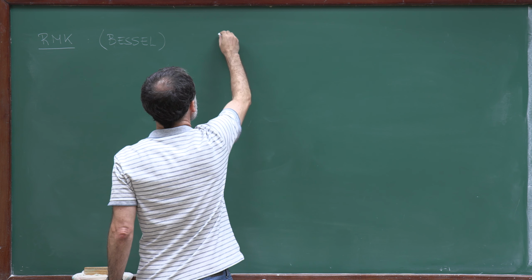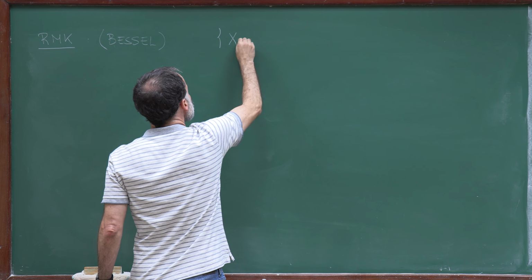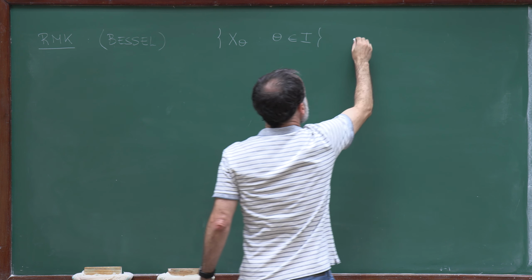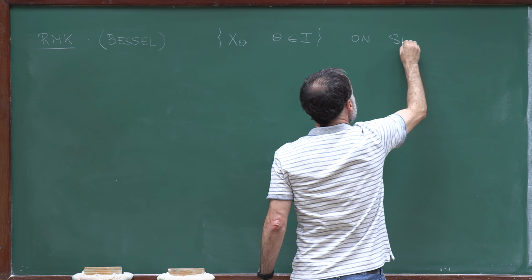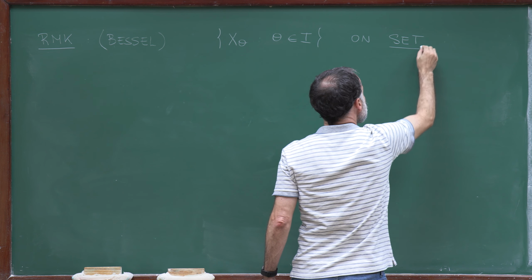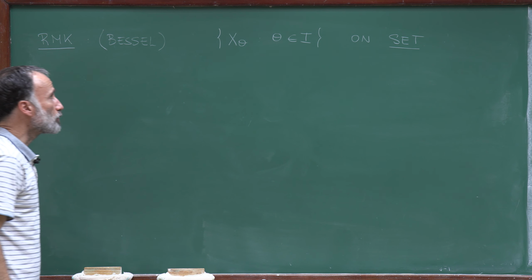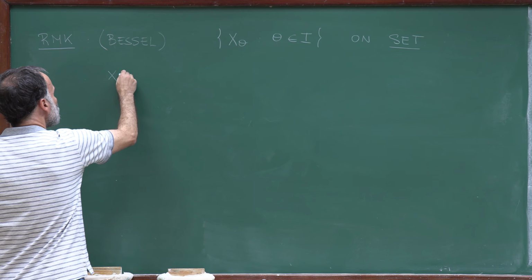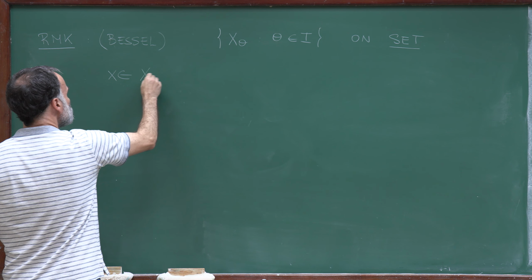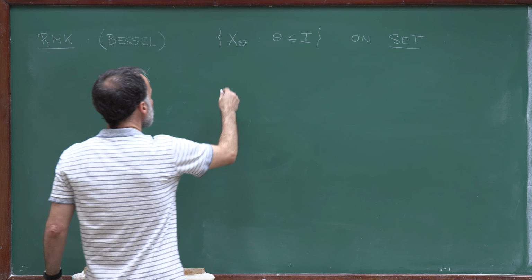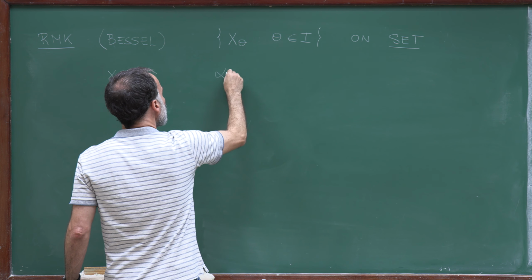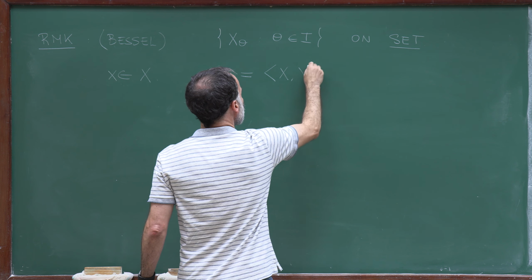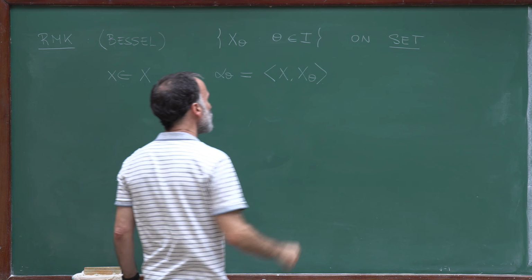It states the following: assume that you have x_theta, theta in I, an orthonormal set. So I'm not assuming that it's a basis. I'm just saying that it's an orthonormal set. Now let me take x, an element of X, and define alpha_theta as the scalar product of x with x_theta.